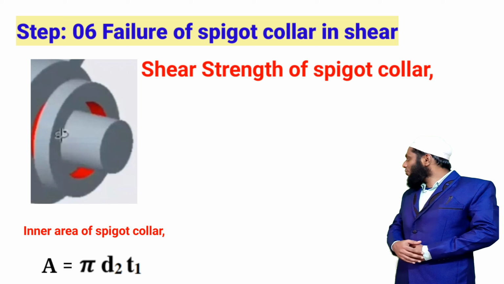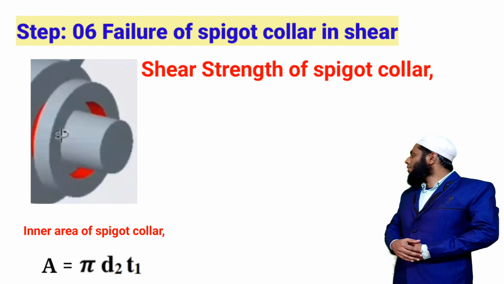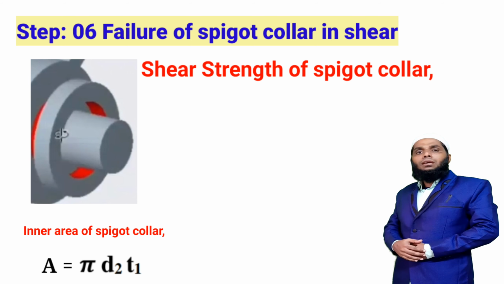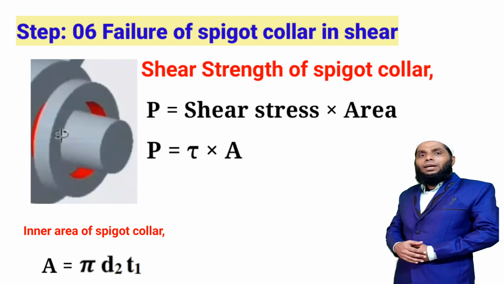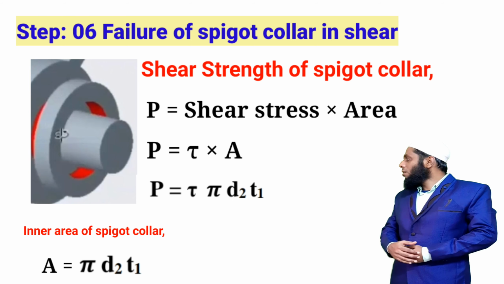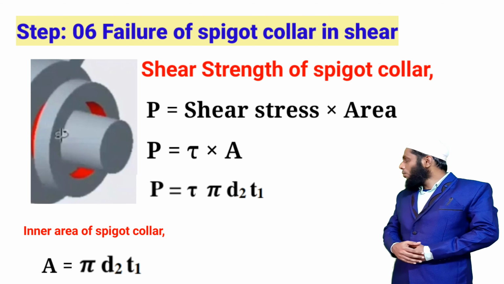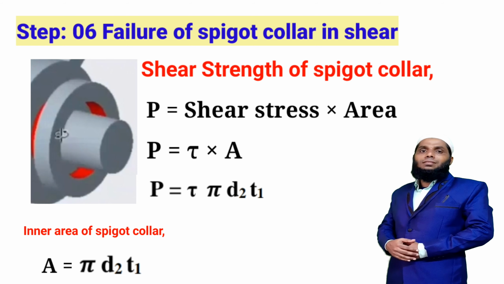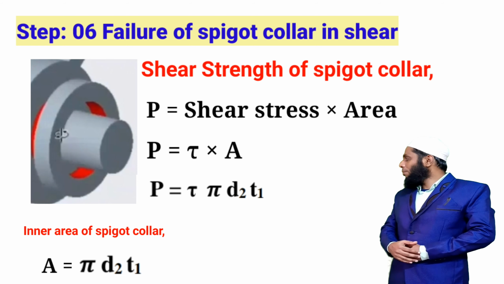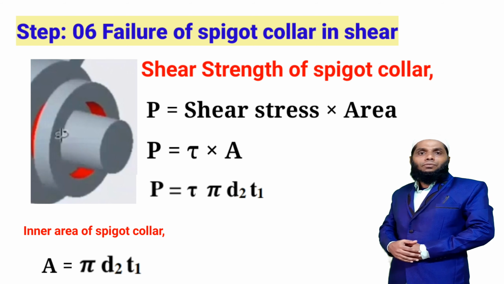So the shear strength equation for that spigot collar end will be P equals tau into area. So finally we get the equation P is equal to tau into pi d2 into T1. This is the strength of the spigot collar in shear.